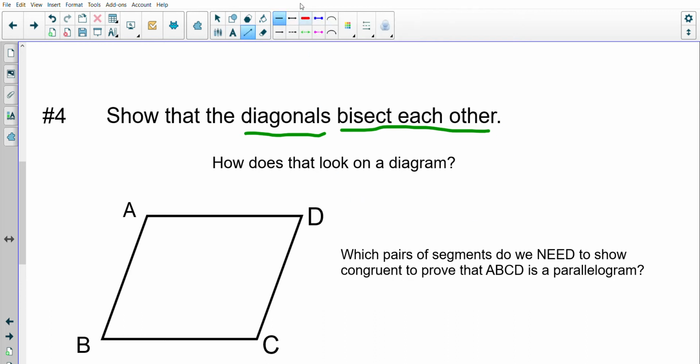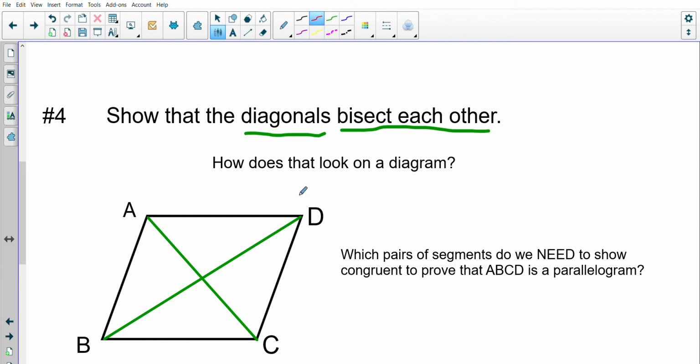And how would this look on a diagram? Well, let me go ahead and grab a segment here. Hopefully this can make my picture a little bit neater. So these would be diagonals, going from one vertex to a non-consecutive vertex, and here would be the other diagonal. Then we basically want to mark up how this is going to look if the diagonals actually bisect each other.